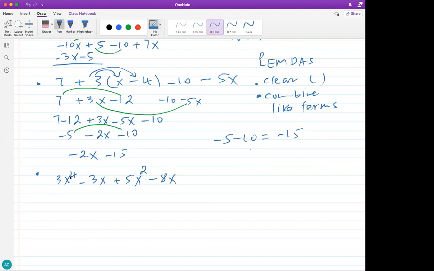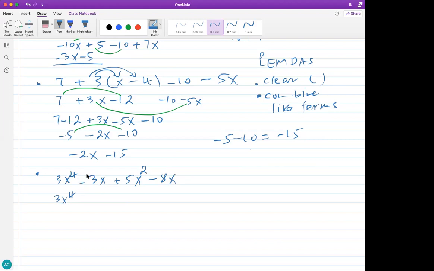We have x to the 4th. Do we have a similar term to this one in this expression? Basically, we're looking for a variable, same variable, same power. There's no other term with x to the 4th. It basically stays the same. We bring it over, bring it down here.